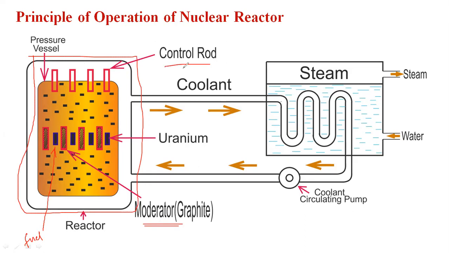This is the control panel. The primary thing in the nuclear reactor is the fuel. Generally in a nuclear power plant, the fuel used is uranium, thorium, and plutonium. Mostly they prefer uranium-235. And this is the reactor core.